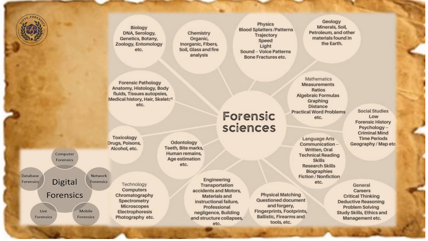These are the several branches of forensic science like forensic pathology, anatomy, histology, toxicology, odontology, engineering, physical matching, general careers, critical thinking and psychology, language arts, social studies, law, forensic history, and mathematics, measurements, algebraic expressions, and forensic zoology, minerals, soil, and forensic physics, blood spatters, and chemistry and biology.